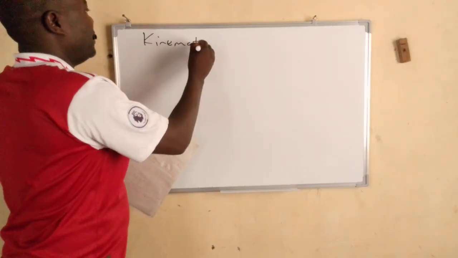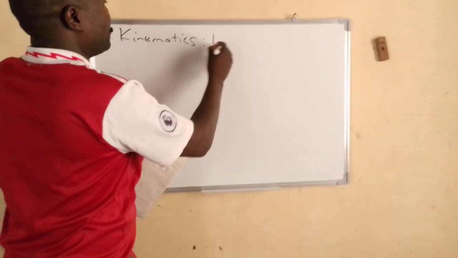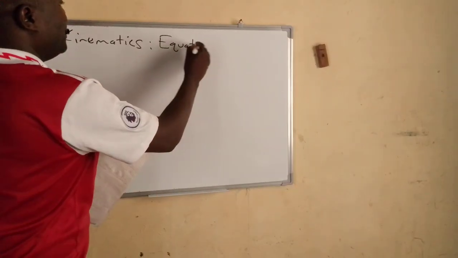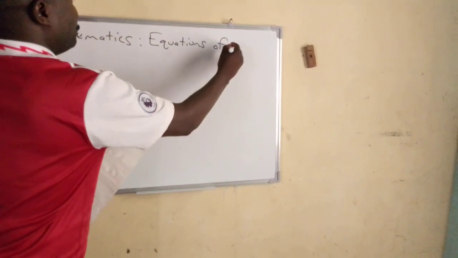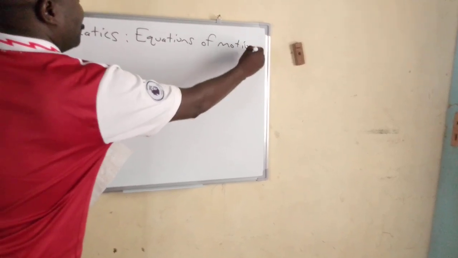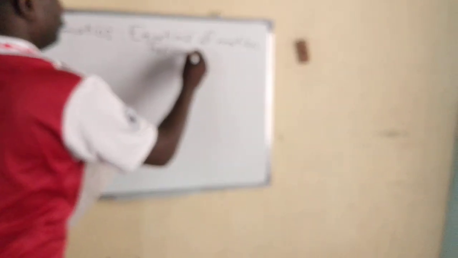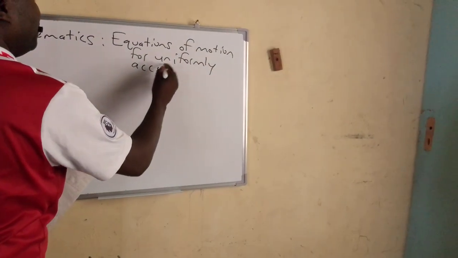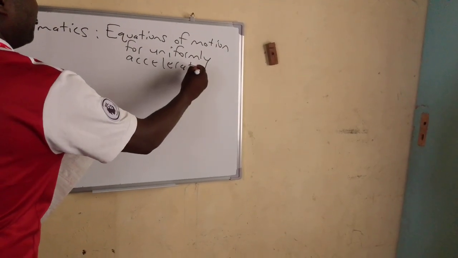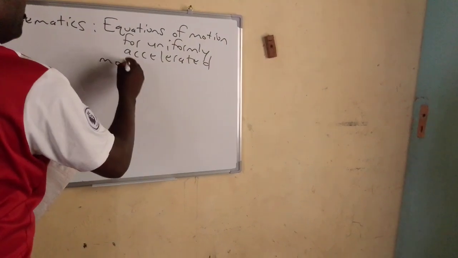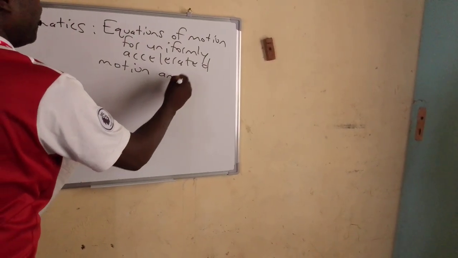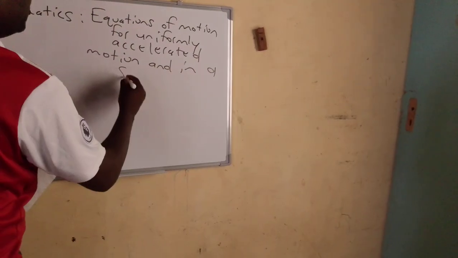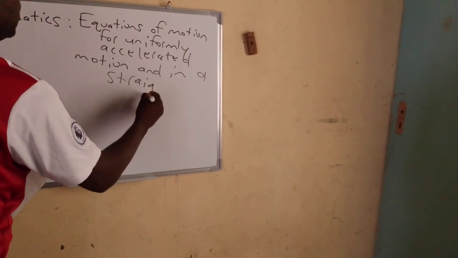Kinematics: equations of motion for uniformly accelerated motion in a straight line.